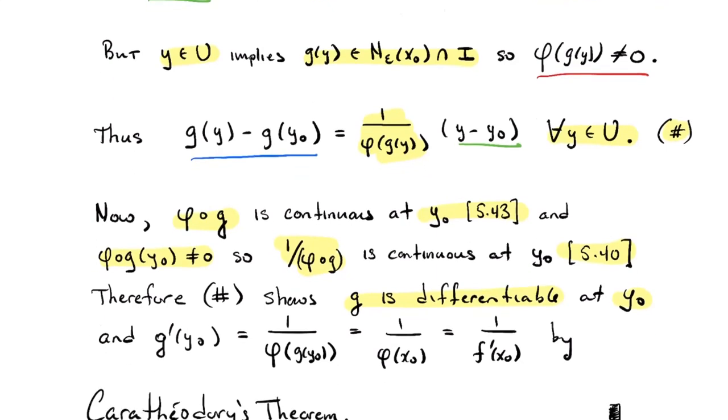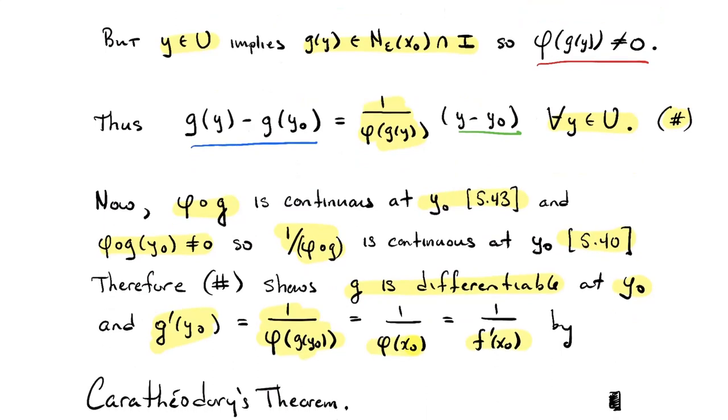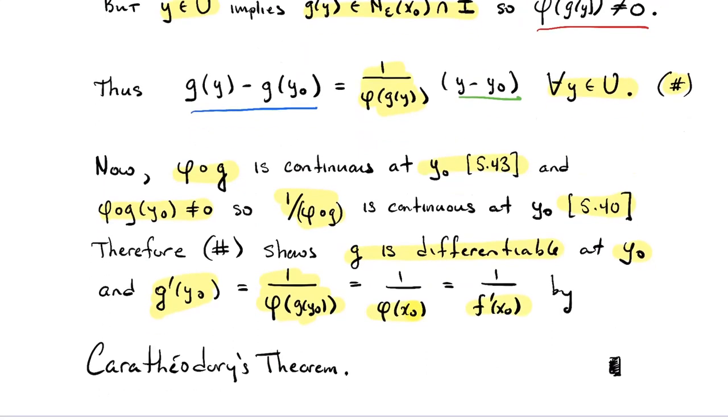So to end this proof, the derivative of g at y naught is that continuous function's value there. But we've already said g of y naught is x naught, so that's just phi of x naught. But phi of x naught from the original application of Carathéodory was f prime of x naught. So that completes the proof. There's the formula that the derivative of this inverse function is 1 over f prime at the original input.